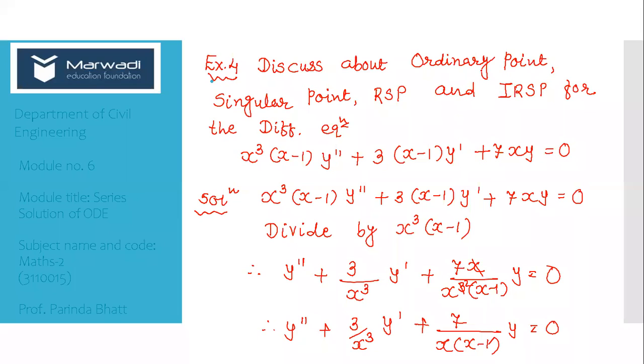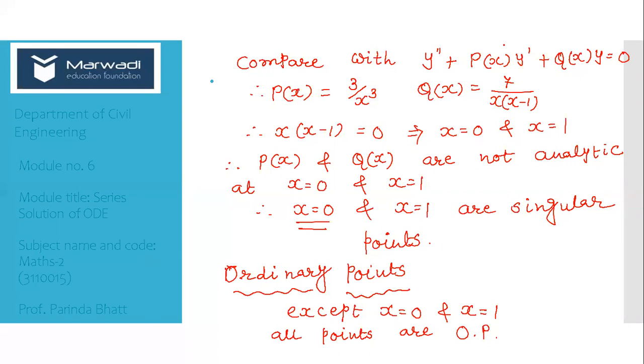Discuss about ordinary point, singular point, regular and irregular. This is our differential equation. We divide by x cube times x minus 1. After simplification we get this kind of differential equation. Compare with this notation, y double dash plus p of x y dash plus q of x y equals 0. P of x is equal to 3 by x cube and q of x is 7 upon x, x minus 1. Now, for finding the singular point, very simple, put this denominator equal to 0.